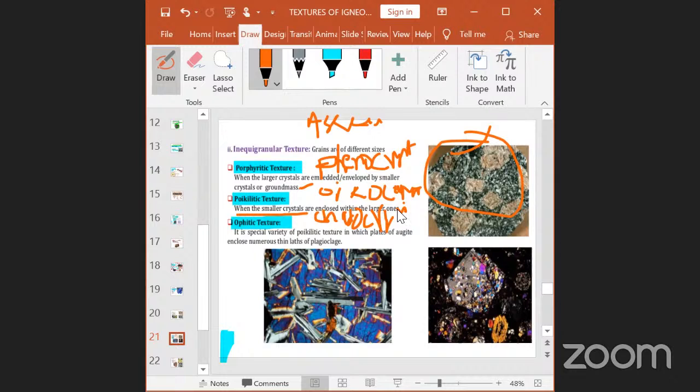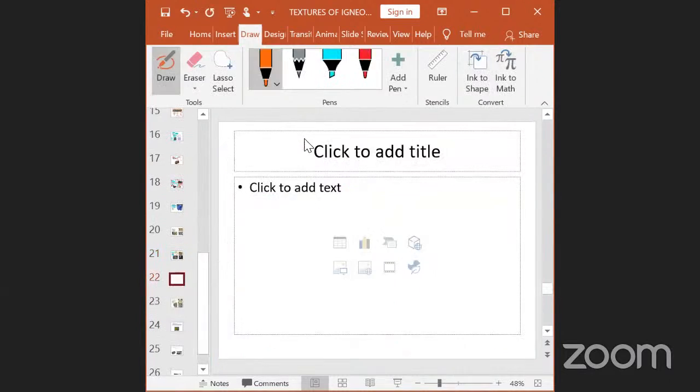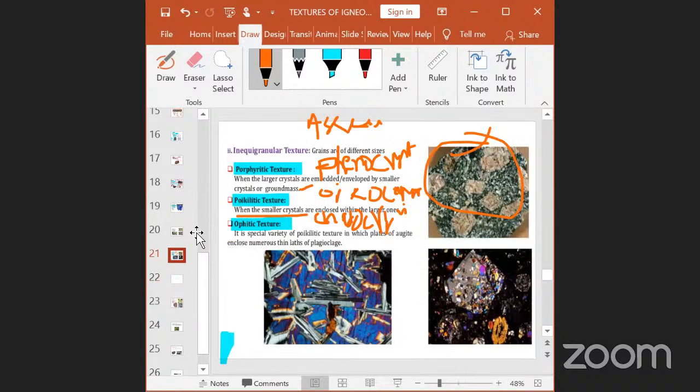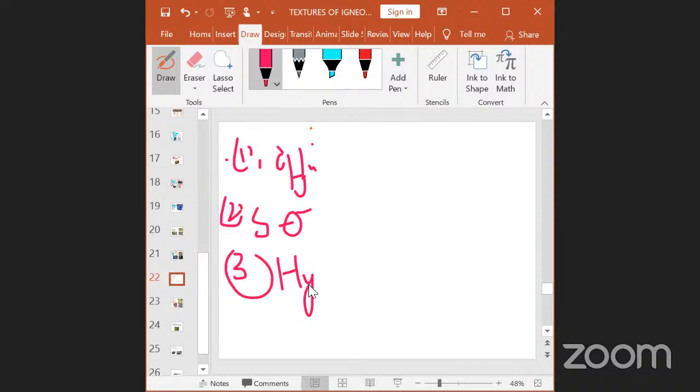It can be divided into three types. The first is ophitic, the second is subophitic, and the third is hyalophitic, right?